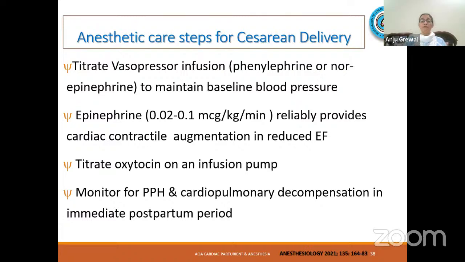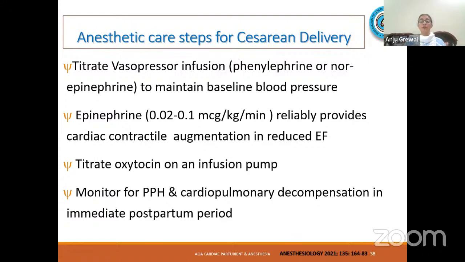As has been said before, a vasopressor infusion is mandatory in these mothers, right? So we need to maintain a baseline blood pressure to the baseline. We do not want any deviation up and down, right? Epinephrine or milrinone are drugs that can reliably provide cardiac contractile augmentation if you're working on mothers who have reduced ejection fractions and you need to improve the myocardial contractility.